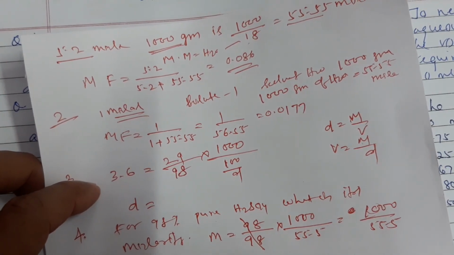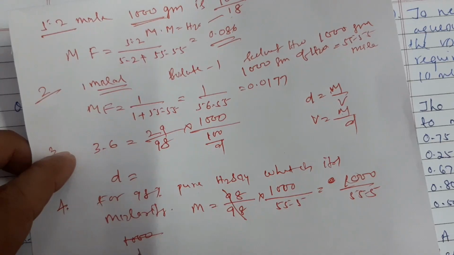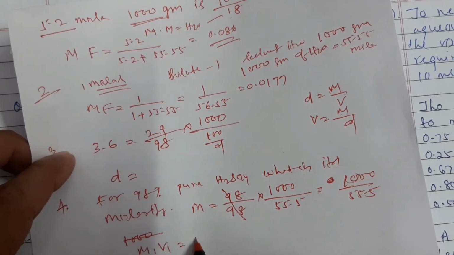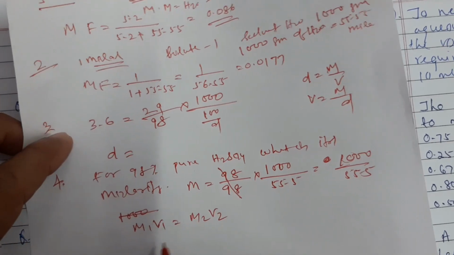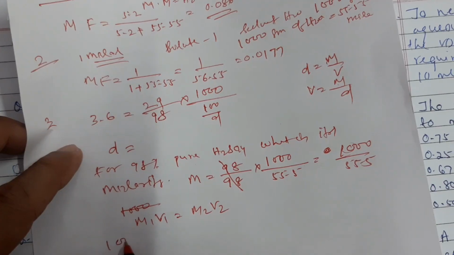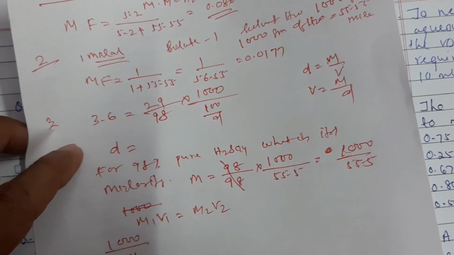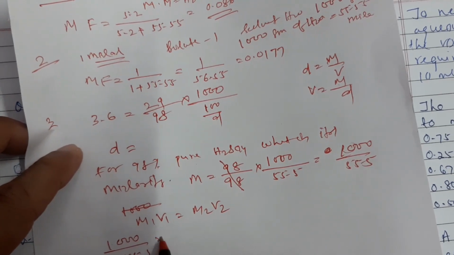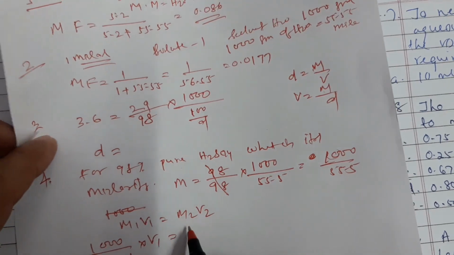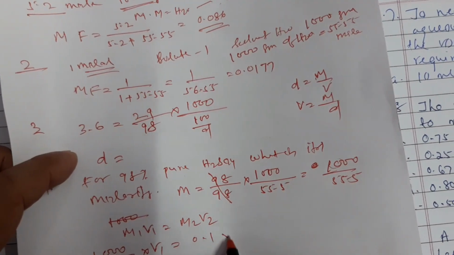So this is the molarity of the 98% acid. The formula is M1 V1 is equal to M2 V2. M1 is 1000 divided by 55.5, multiplied by V1. M2 is given here, 0.1.